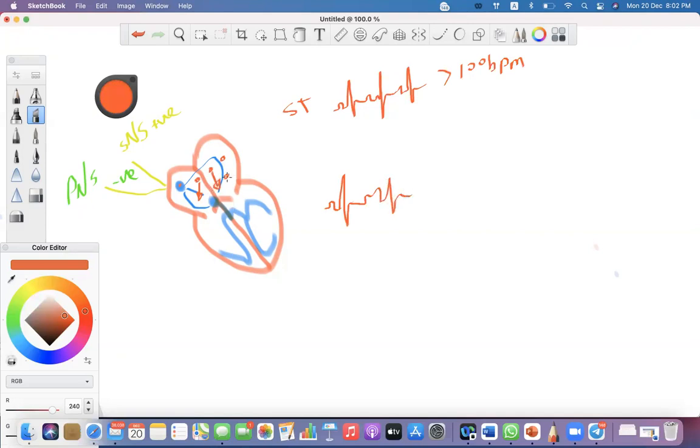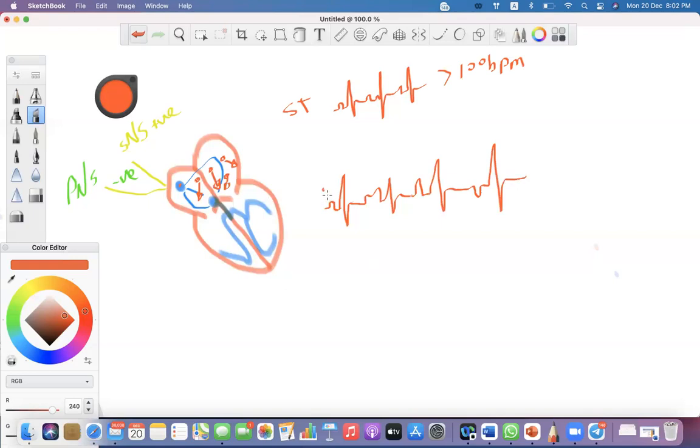Then the third focus will stimulate the atria from this position, producing a third shape of P wave like this, followed by a QRS complex. And the fourth focus will stimulate the atria from a different position, producing another form of P wave like this, followed by a QRS complex.